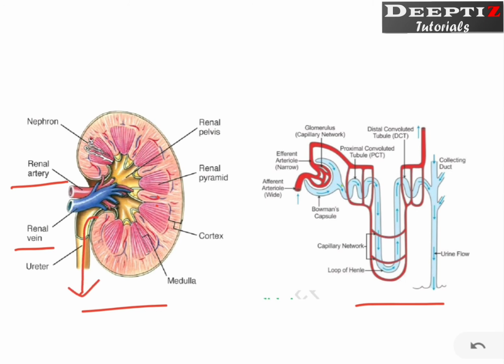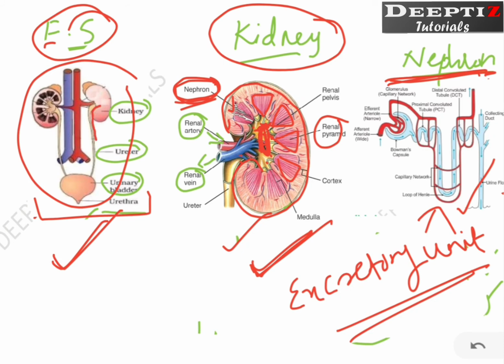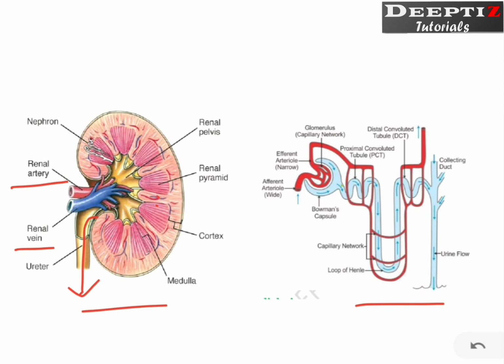Renal artery brings blood to the kidney, renal vein will take it away from the kidney, and this is the ureter. Where is the ureter here? From the kidney there is a ureter which arises, right? Same way, here also from the kidney the ureter carries the urine which is formed from the blood, right? So what is this medulla?